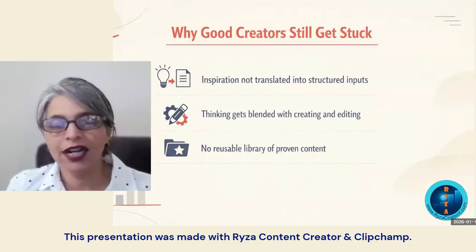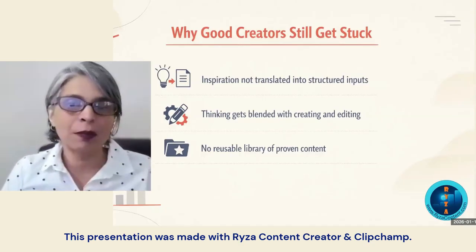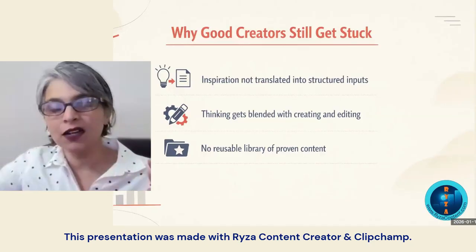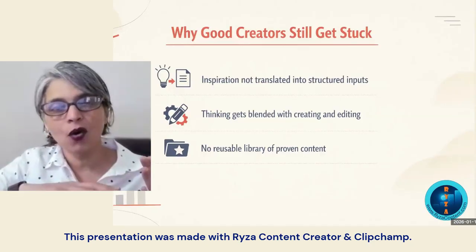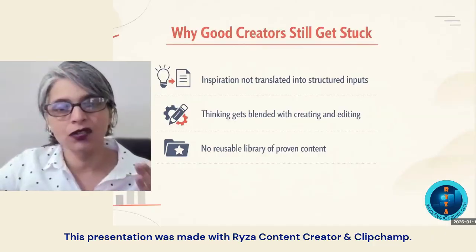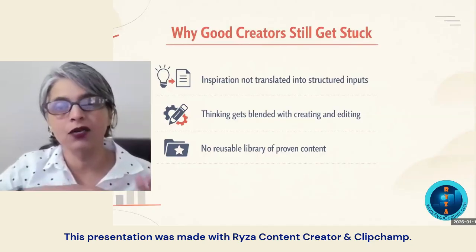So a lot of good creators, and I say that because of having talked with a lot of people who either can create content constantly or fluctuate, they have modes, I mean, they have highs and lows. They'll create content for 2 consecutive weeks and then they'll stop because they're like, okay, I ran out of ideas now.